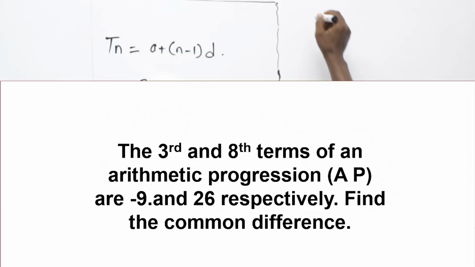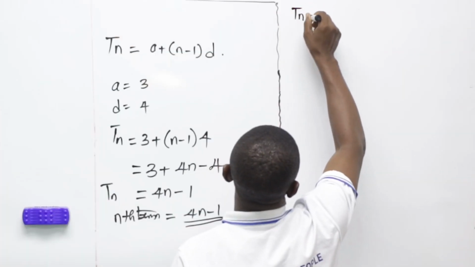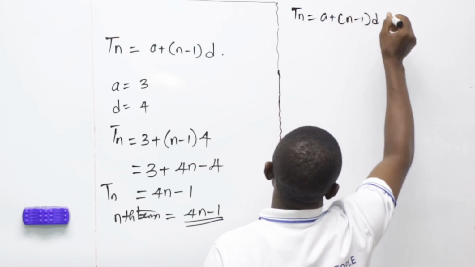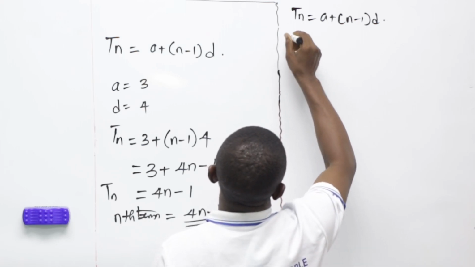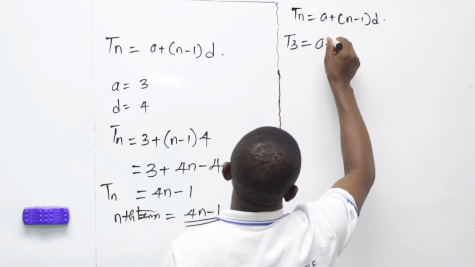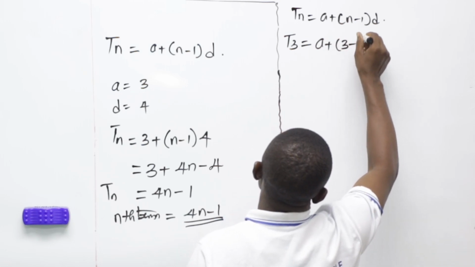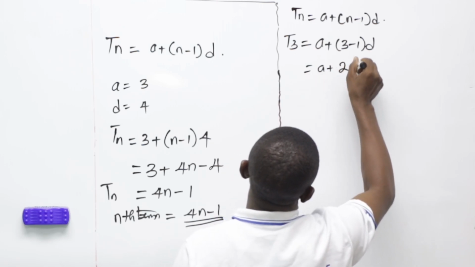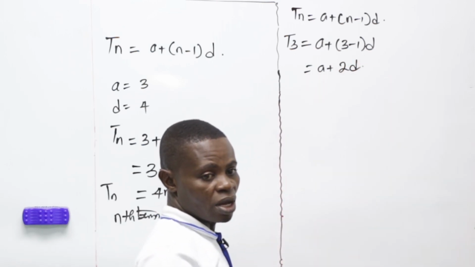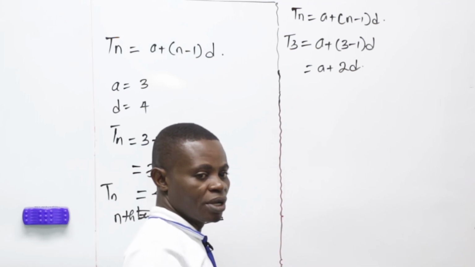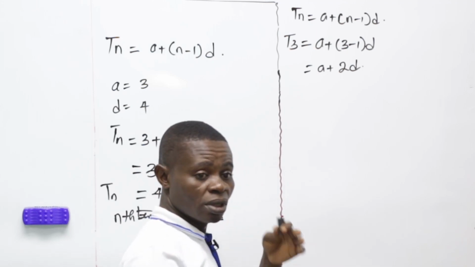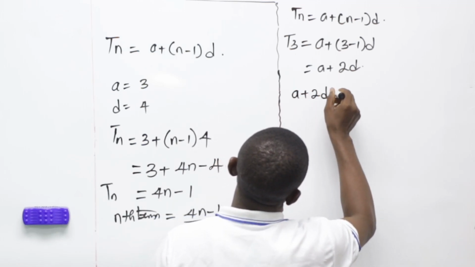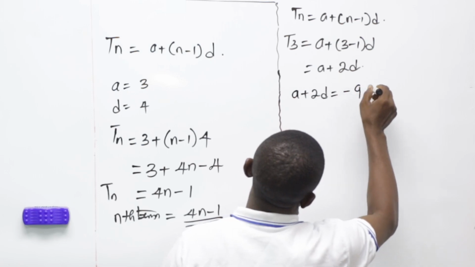First of all, general formula Tn equals A plus bracket n minus 1 into D. For T3, third term equals A plus 3 minus 1 into D to give us A plus 2D. You can call it equation 1, but remember you were told that the third term is minus 9. Therefore, A plus 2D equals minus 9.